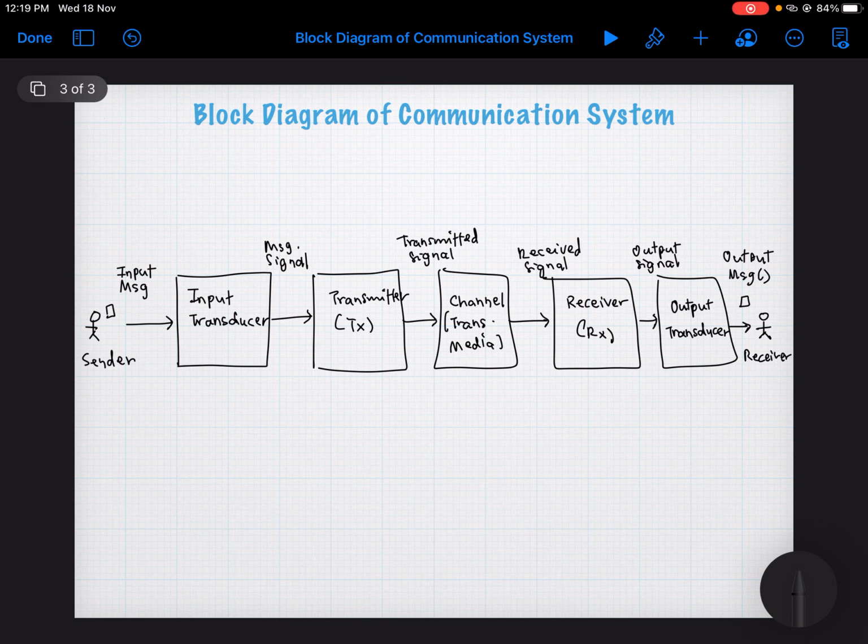Let's look into the input message and the output message. For example, you want to say hello to your friends, so that will be the input message, and this hello is actually the analog signal. At the other end, your friend will hear hello from the phone.